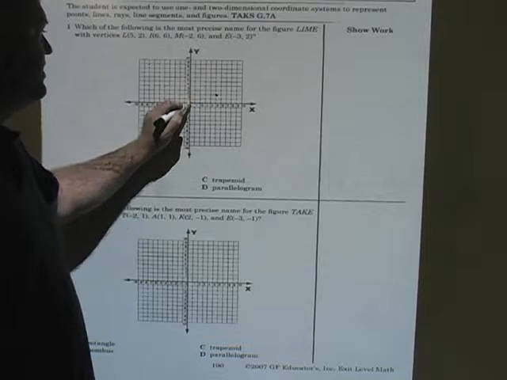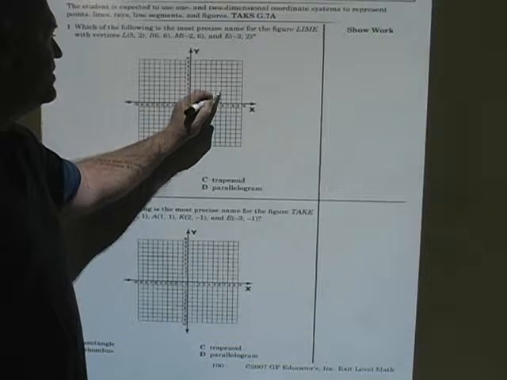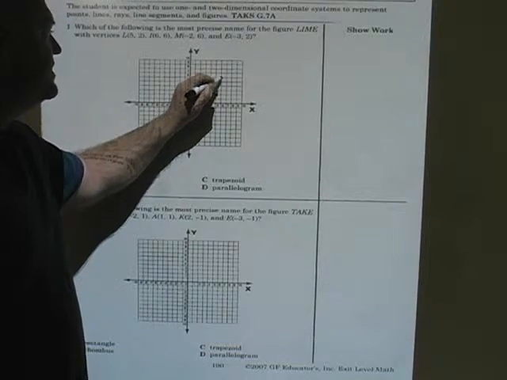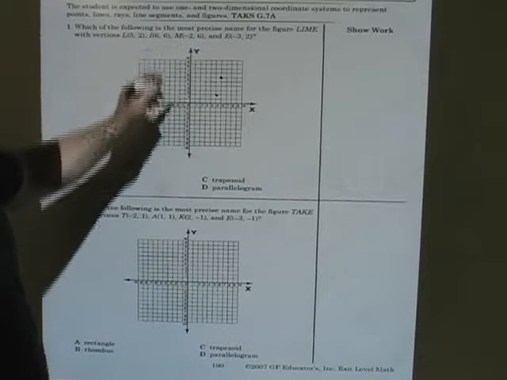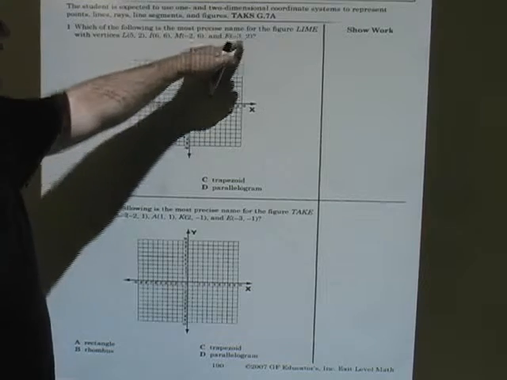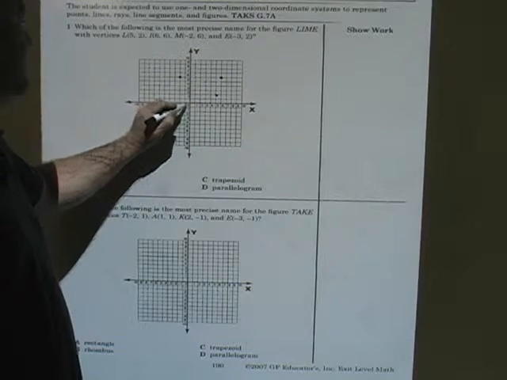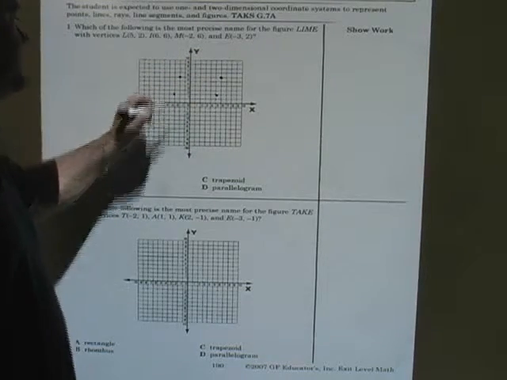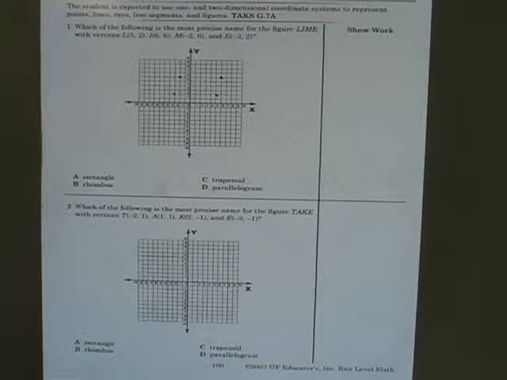Okay, the next point is 6, 6. Here's 6, 6. -2, 6 is going to be here, and -3, 2 is here. Okay, so there's our figure.